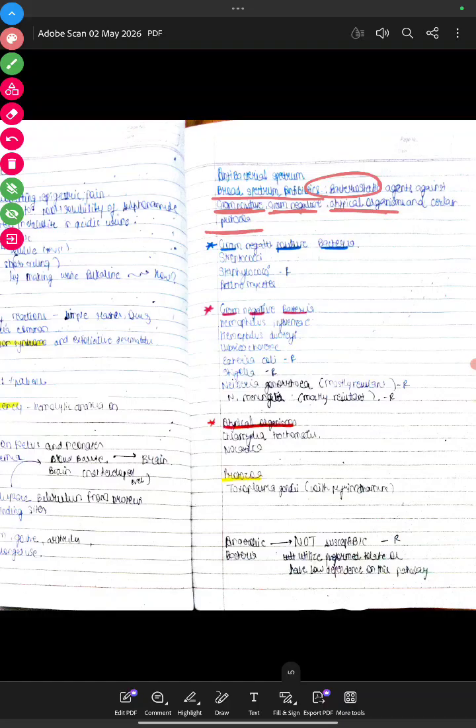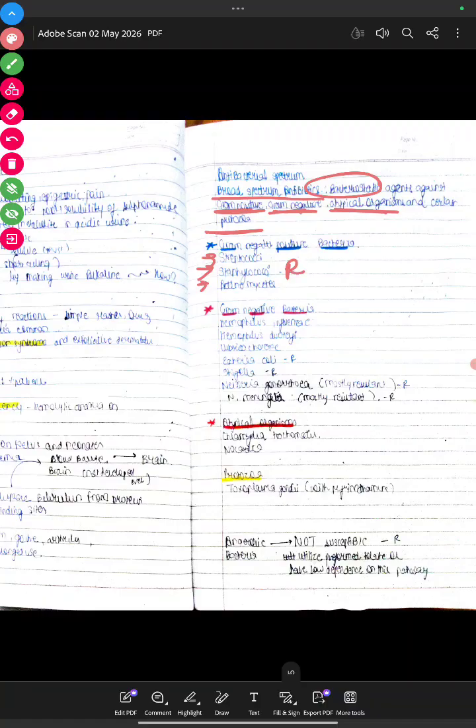For gram positive it is streptococci, staphylococci, and actinomycetes. For gram negative organisms, it is Haemophilus influenzae, Haemophilus ducreyi, Vibrio cholerae, E. coli, Shigella, gonococci, and meningococci.